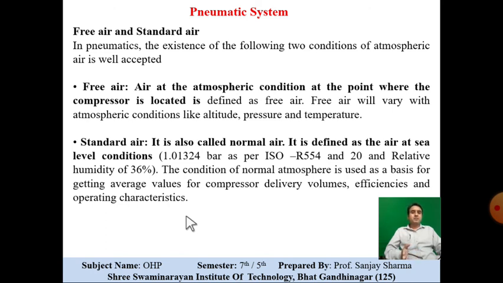That is a particular, specific condition of air which we can obtain depending on our requirement. So this is how free air is defined and standard air is defined.